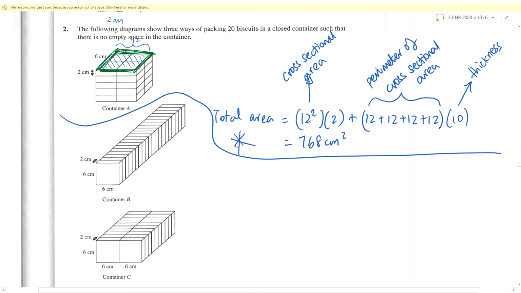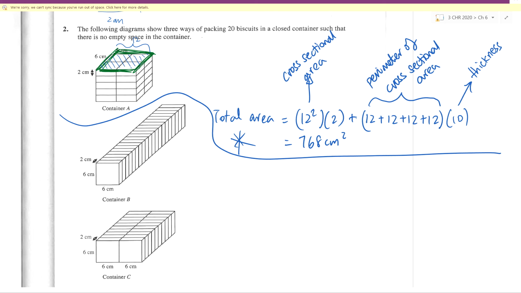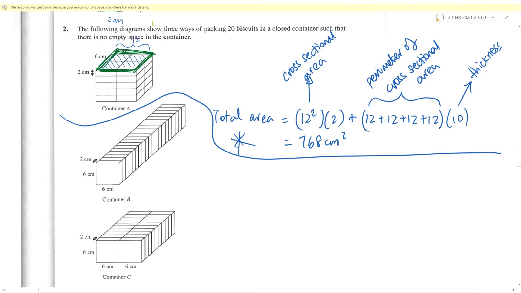Okay, so now in container B, we're going to use the same formula. But you notice that in the formula, there is a repeated phrase. It is known as the cross-sectional area. So we need to identify where the cross-sectional area is. The cross-sectional area is the one that is repeating itself all the time. So in container B, okay, please highlight this as the cross-sectional area.